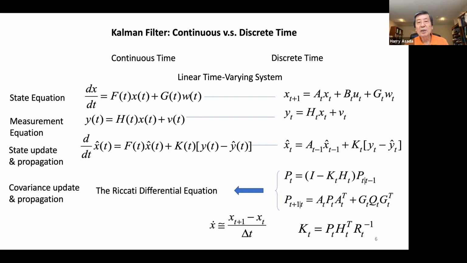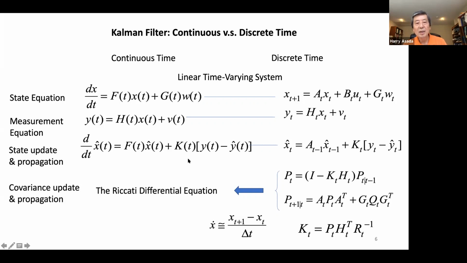The more rigorous treatment addressing the relationship between discrete time and continuous time could be done based on the so-called stochastic differential equations.